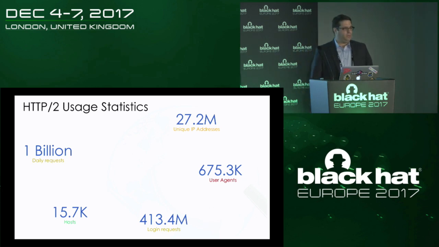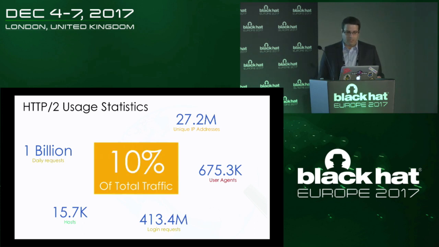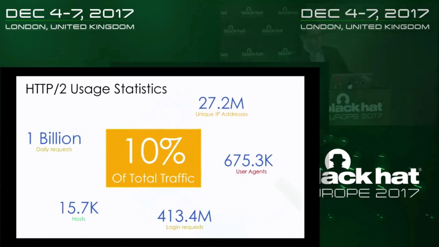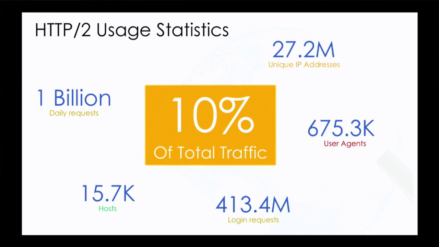We currently see on our platform about 1 billion requests per day, and we see 27 million IPs using HTTP2, and more than 15,000 hosts supporting that. That's a lot of numbers. Overall, you can say that 10% of the entire traffic going on the platform is on H2, and you should keep that in mind and correlate it with the numbers of 17% adoption rate that is published in various sites.